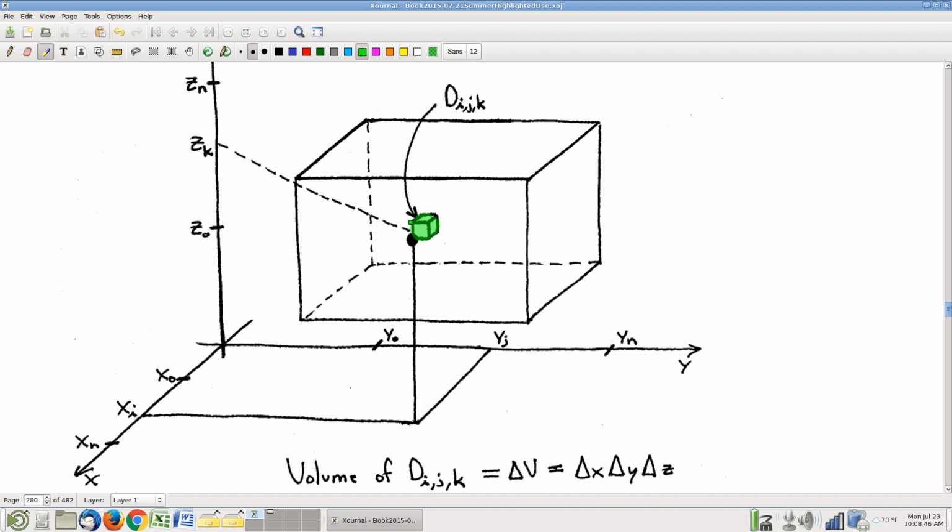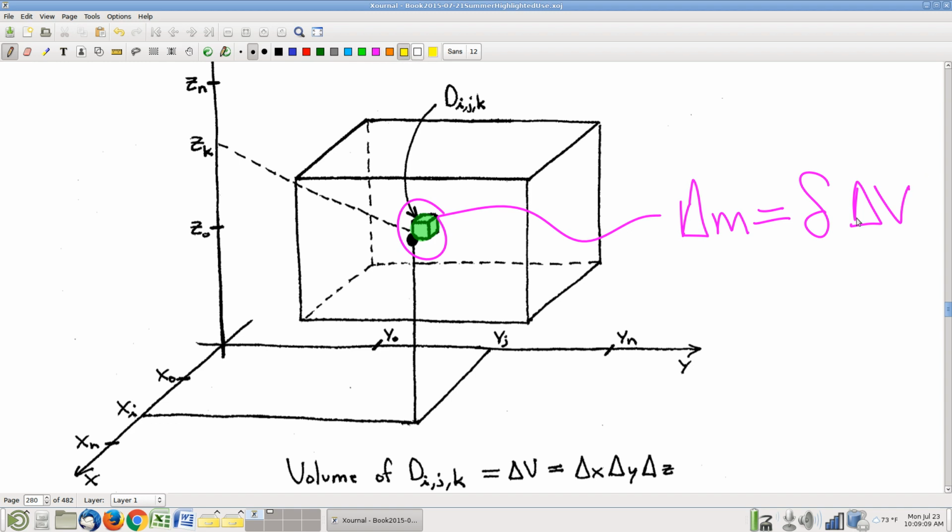Slice it, dice it up into little pieces, right? The sum of those little masses gives you the total mass, and on each little piece, I can argue pretty easily that the amount of mass in that little piece, which I'll call delta M, is whatever the density is, times the volume of that piece.